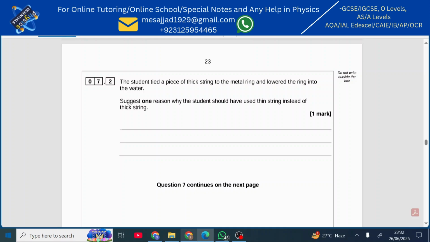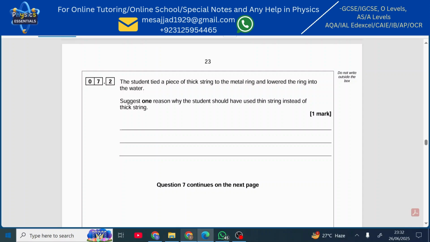The ring is in the hand of the student, and the string is going into the water. Now they're asking you whether thin string should be used or thick string should be used.